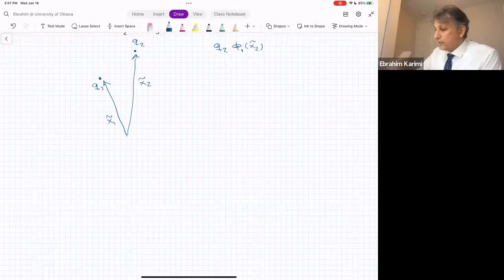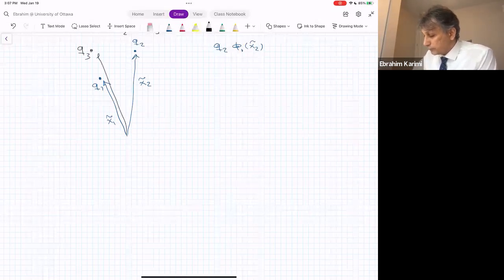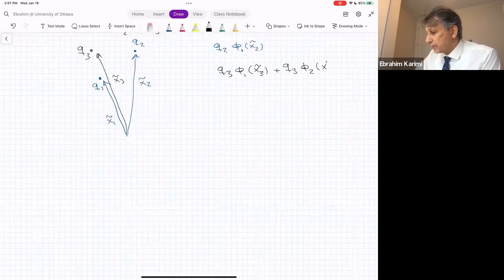Now I'm moving the third particle, which is Q3, and its position is x3. Now two particles are already there, so I have two potentials. Then the work will be Q3 times phi 1 at the position of x3, plus Q3 times the potential of 2 at the position of x3.